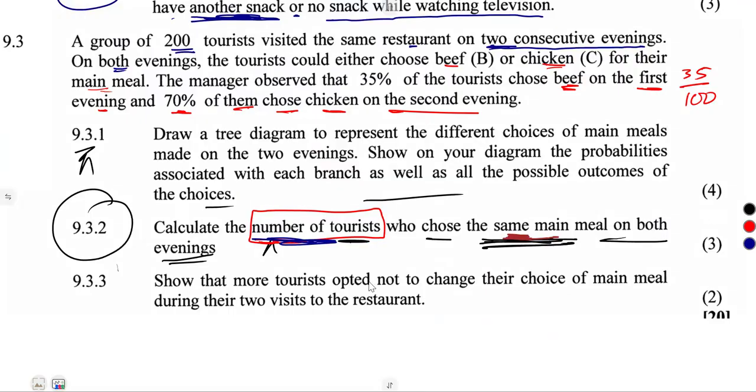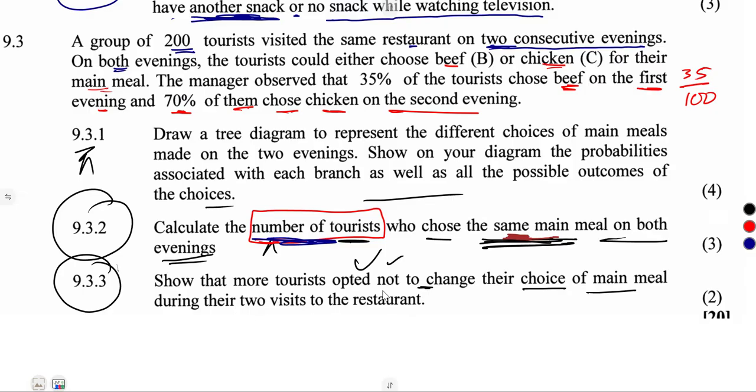Anyways, let us consider another part. Show that more tourists opted not to change their choice of meal during their 2 visits to the restaurant.